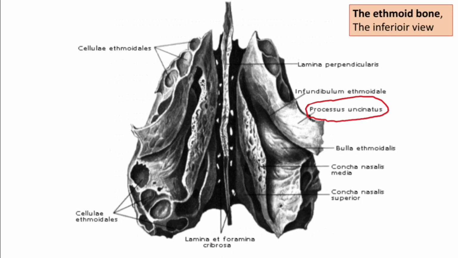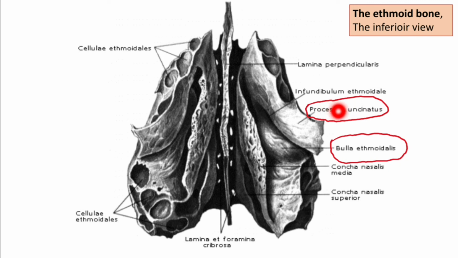This is another view, inferior view, right? So on the inferior view, you see very big cells called ethmoidal bulla, right? Bulla ethmoidalis, and on the side there is a hook or uncinate process.